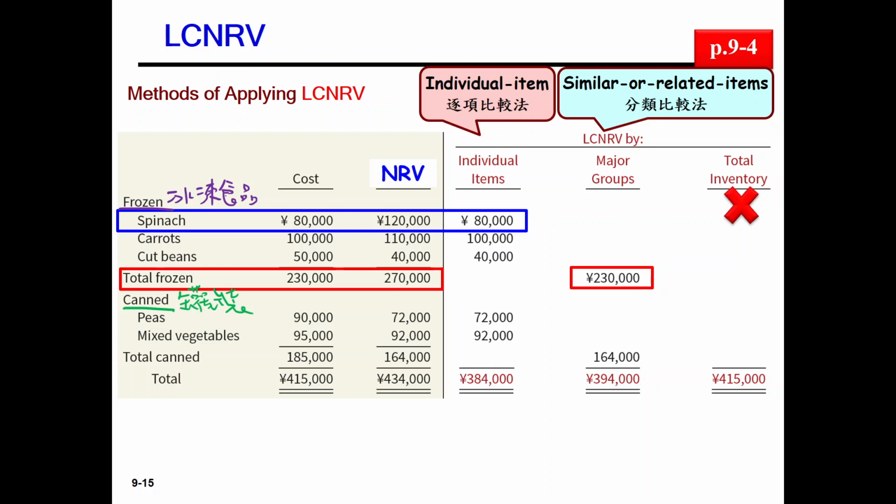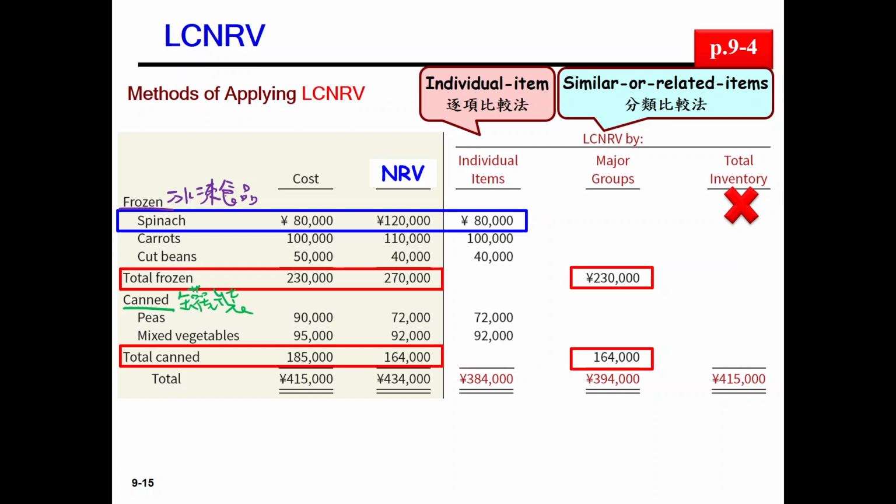Choose the low one. So the low one is $230,000. And for the second group, based on the total amount for your second group, we choose the low one. Then this is how we find out our LCNRV.